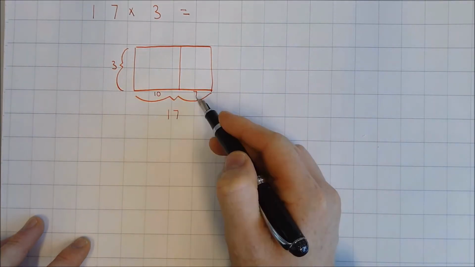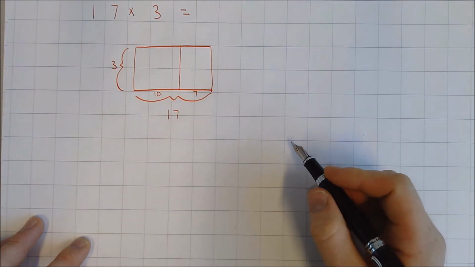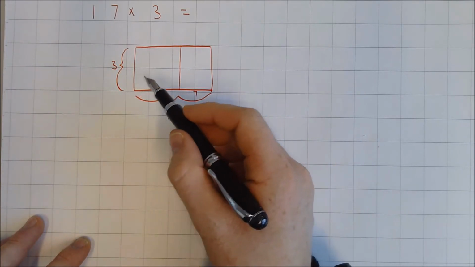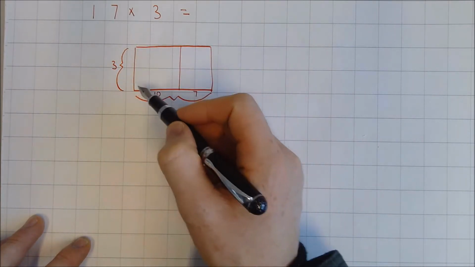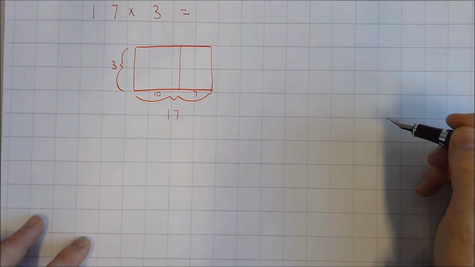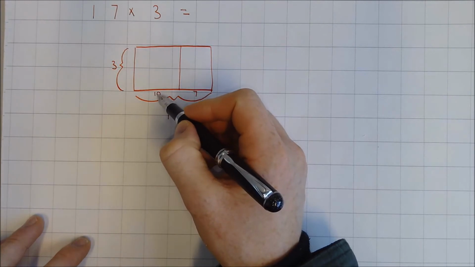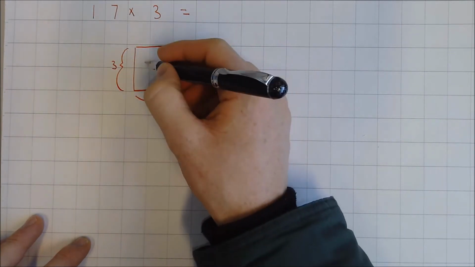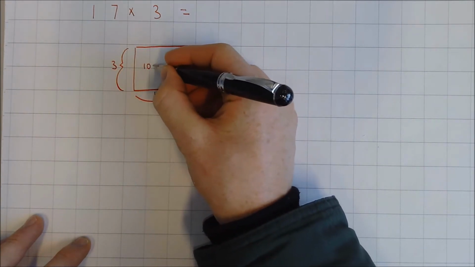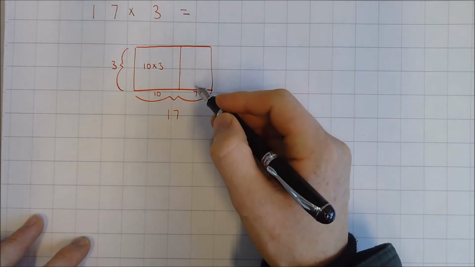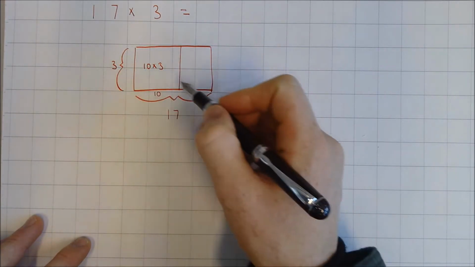So the 10 and the 7 are the parts of our 17. Now we've got our area model broken down into two smaller rectangles, and we can write the multiplication each of these rectangles represents. So this one would be 10 times 3, or 3 times 10. And this one would be 7 times 3, or 3 times 7.